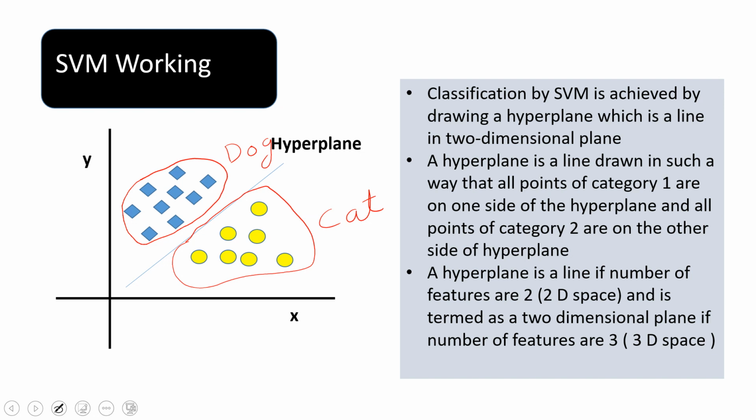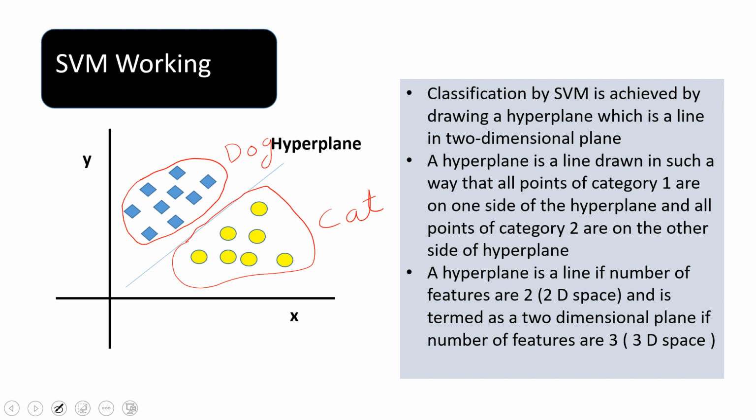If there were 3, that would be 3D space. So the space increases with the increase of features, and right now this hyperplane is able to categorize the features in two dimensions.